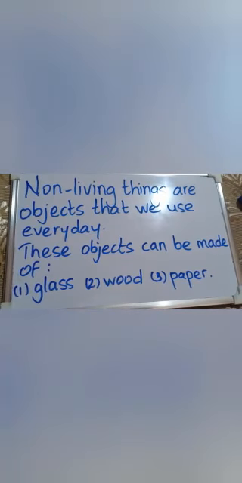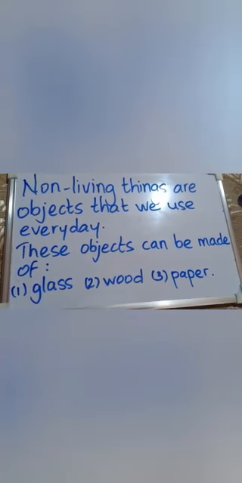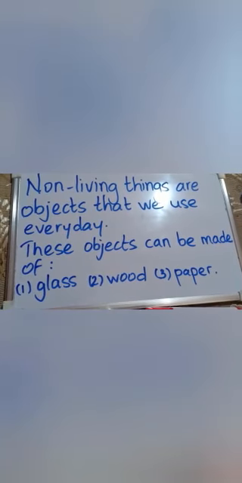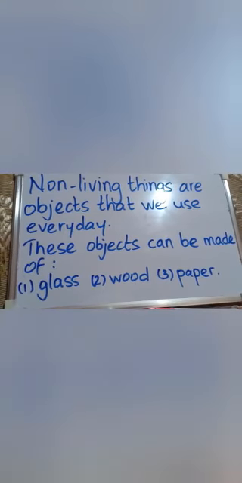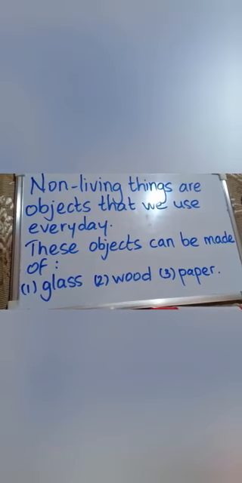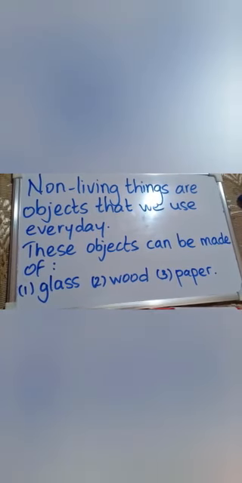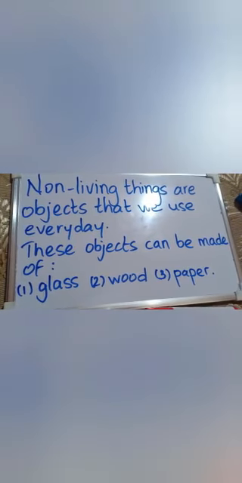Non-living things are objects that we use every day. These objects can be made of glass, wood, or paper. Let us spell glass. G-L-A-S-S, glass. Wood, W-O-O-D, wood. Paper, P-A-P-E-R, paper.